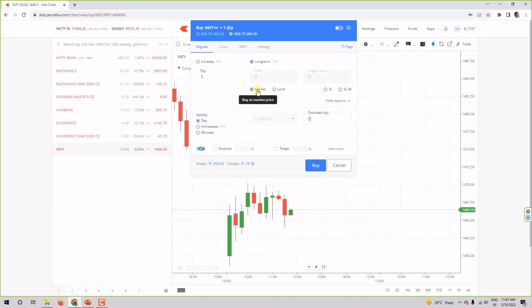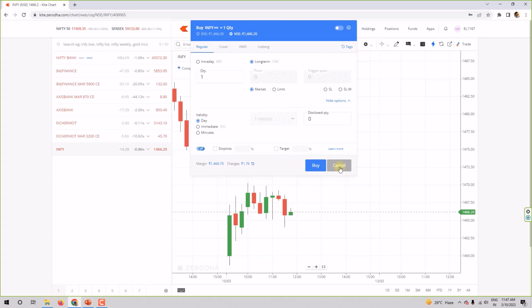Whereas if you keep a market order, it will buy at 1466.70. But then after half an hour or after a day, the price may reach 1450 rupees, so you would have incurred a loss by placing a market order. Once again, do not worry too much about this. So this is how you place market or limit order.